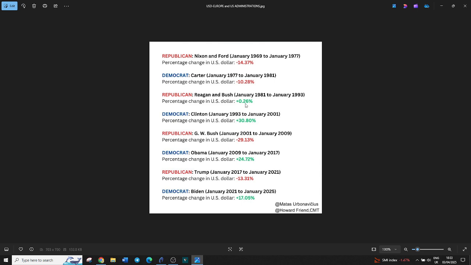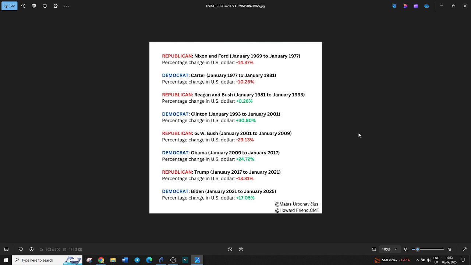It basically ended up where it started over the terms, and then in came Bill Clinton, 30% advance, Bush 29% decline, Obama 24% advance, Trump 13% decline, and Biden 17% advance.